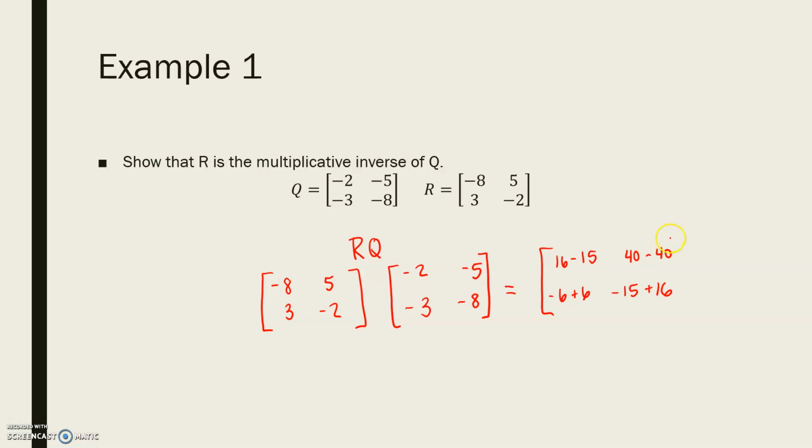There we go. All right, so simplifying a little further, I would get 1, 0, 0, 1. And so it's not just getting the answer of 1, it's actually going to be the multiplicative identity matrix. And so we have ones on the main diagonal, zeros elsewhere, so that means that, yes, they are multiplicative inverses.